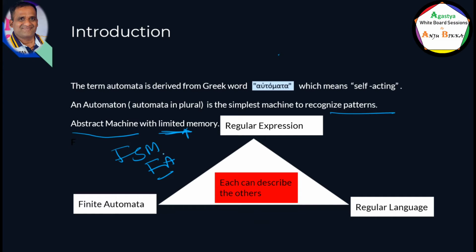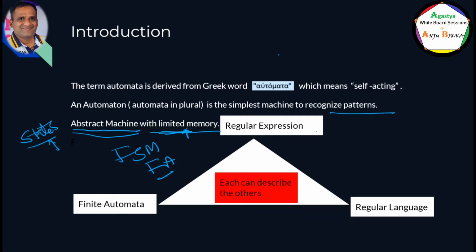The finite state machine uses the finite states as a limited memory, because the number of states is finite. Just to understand, the finite state machine is an abstract machine, which is not a physical machine, with a limited memory.